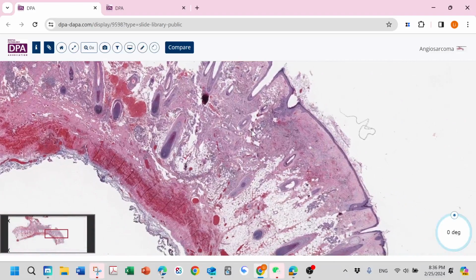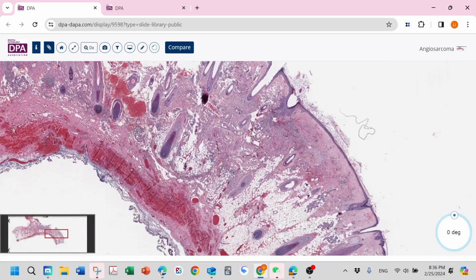And then regarding immunohistochemistry staining, we already know we need to use classic blood endothelial markers. We usually use CD31. That is the membrane staining, and then you can also use ERG. These two markers are really sensitive for endothelial cell.